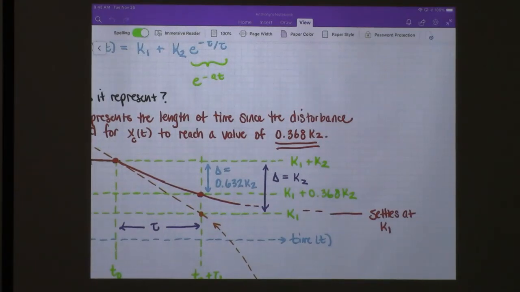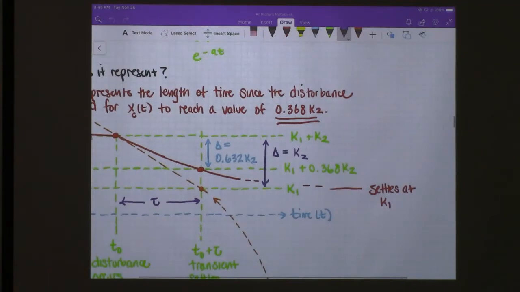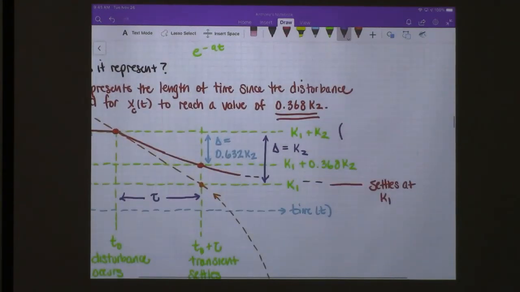All right, so let's write a little note here. So at this point, and really the part that was tripping me up, was e to the negative t over tau will be equal to e to the 0 over tau, which will be equal to 1.